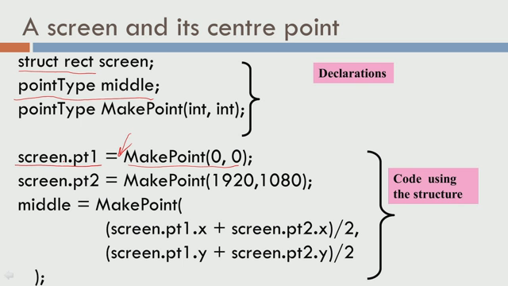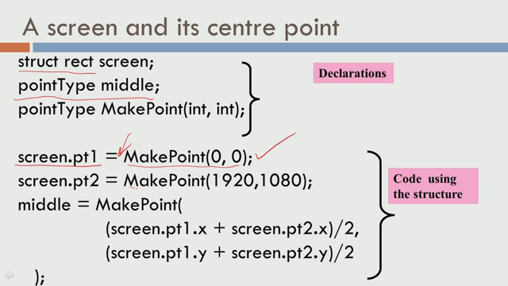So, on the right side you have a point, on the left side you have a point, you have matching data types, everything checks out. So, we have already marked the rectangle's left bottom as 0 comma 0. I want the rectangle's right top to be 1920 comma 1080. This is the resolution of my screen.